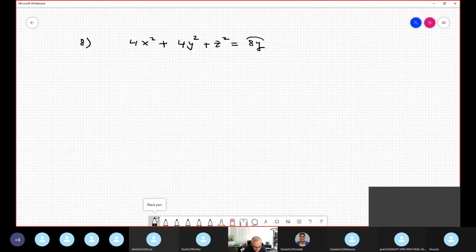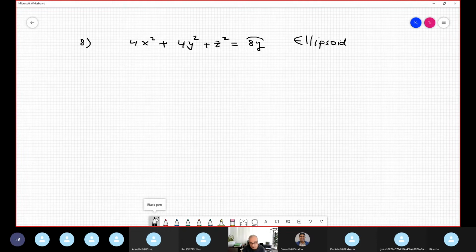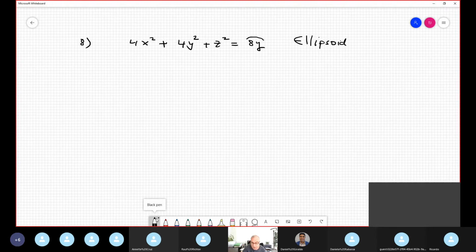Entonces now, in order to understand, ellipsoid, ¿no? Es the name of this guy, ellipsoid. Ellipsoid, yes or no? Everyone agrees? No paraboloide, es ellipsoid, right? Looks like a football, no?